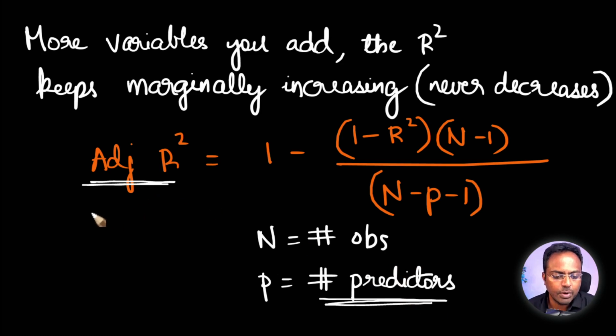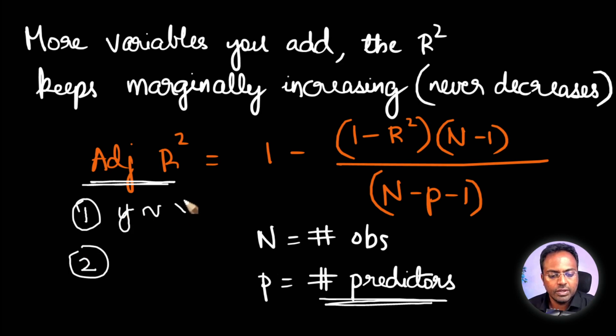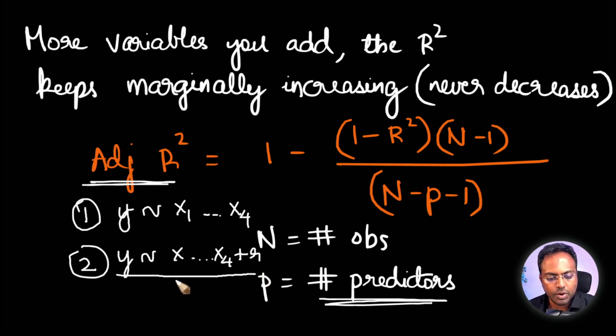Previously we had 2 models, right? Where Y is a function of x1 to x4. The second model was Y as a function of x1 to x4 plus a random part. Now, when you are using adjusted R square, it is possible that this model will have a lower adjusted R square than the first model.